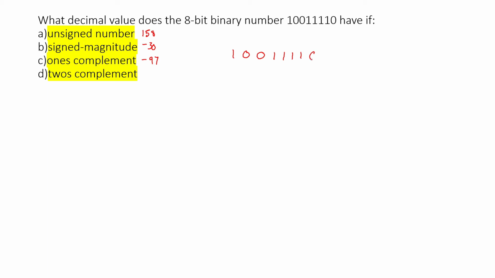For the first step, we're going to convert this into a positive number. And we keep this the same. Now we want to use 2's complement. So how do we use 2's complement? We find the least significant one. We're going to keep this one and invert everything to the left. So we keep this right here.